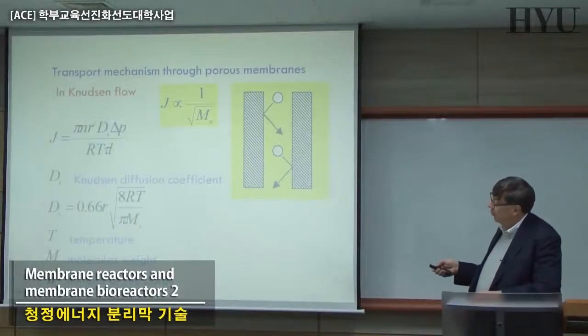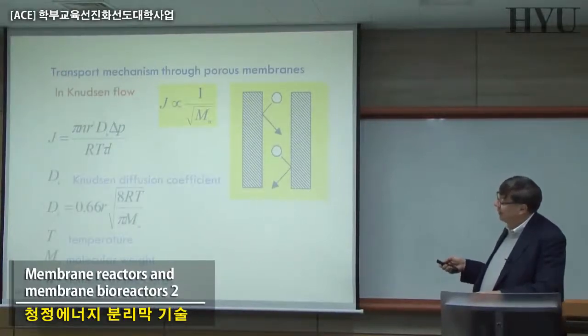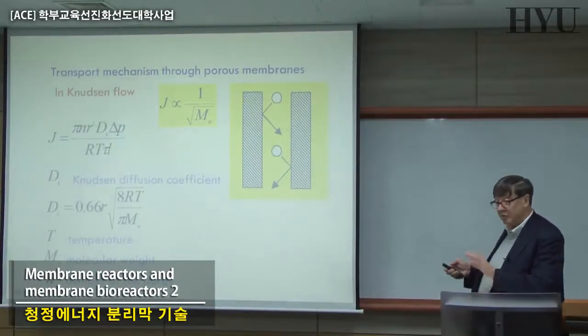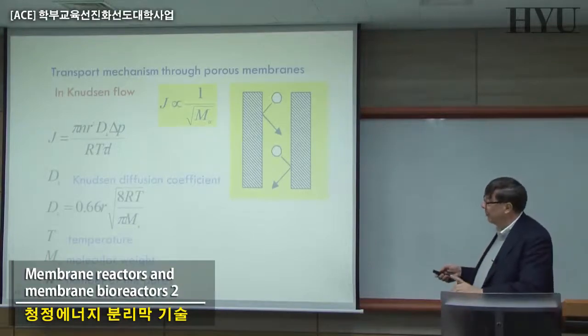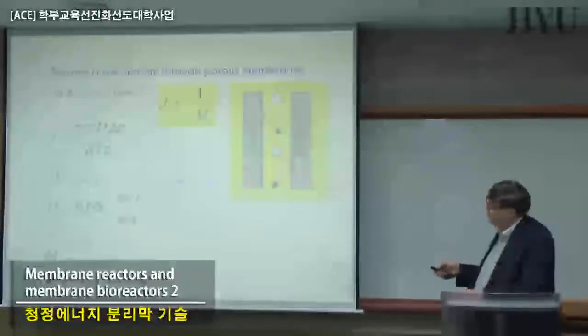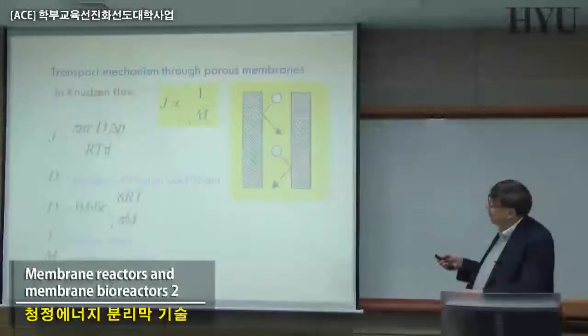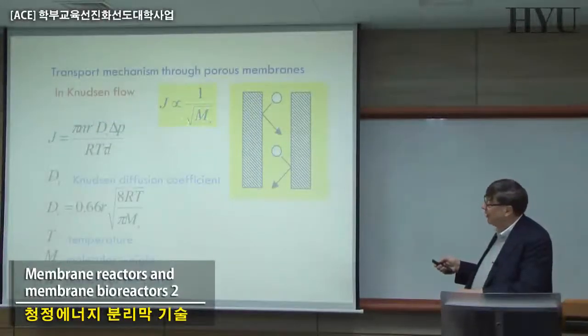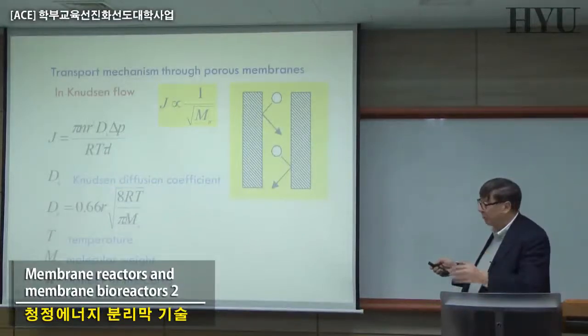In the Knudsen flow the overall flux is proportional to the driving force, so there is always a linear relation, but in this term we have the reverse of the square root of the molecular weight of the penetrant, of the molecules that are going through.